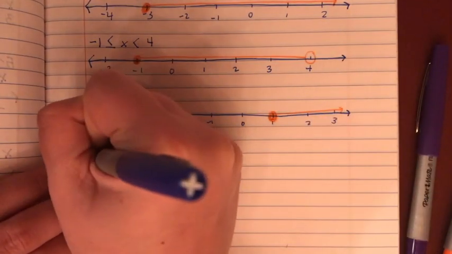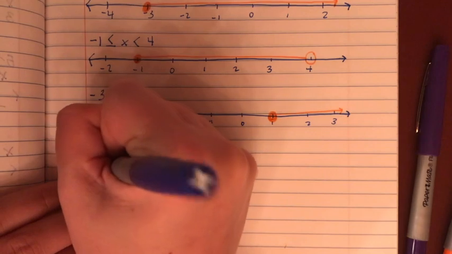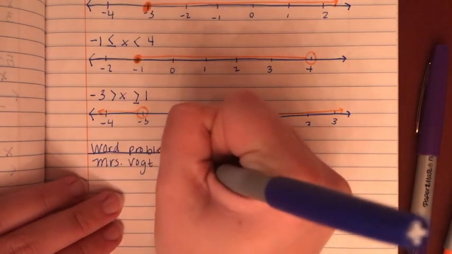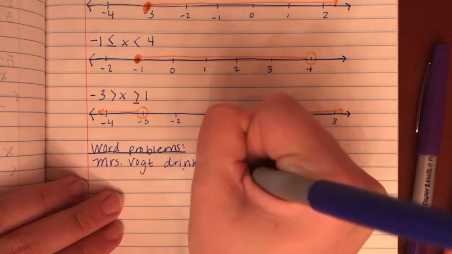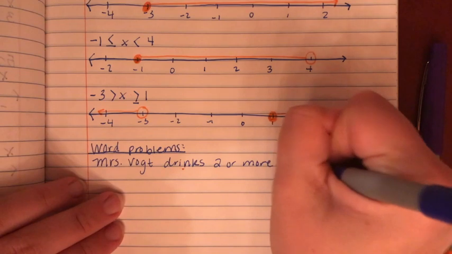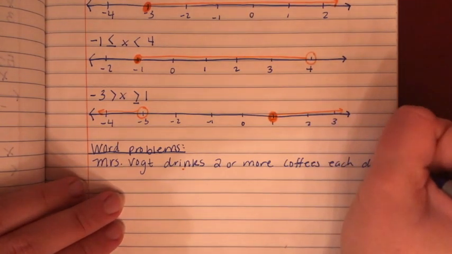And for these, we will write the inequality and we'll graph it. So first one, Ms. Vote drinks 2 or more coffees each day.